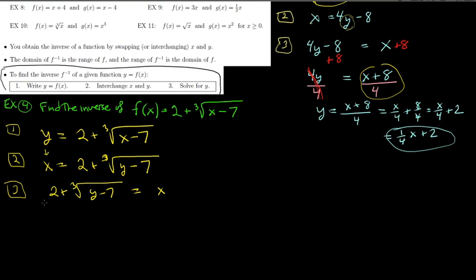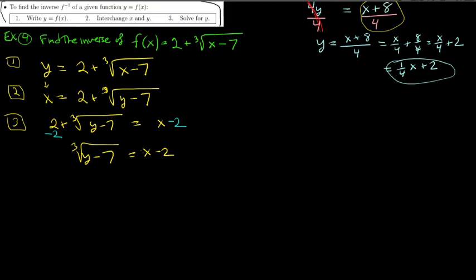But before we do that, why don't we just take away 2 from both sides? And so now we've isolated the cube root of y minus 7, and that's just the same as x minus 2. So remember, we're solving for y here.